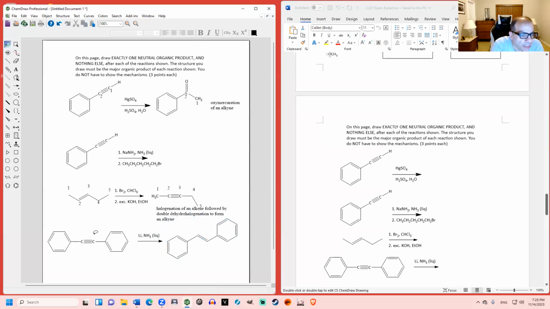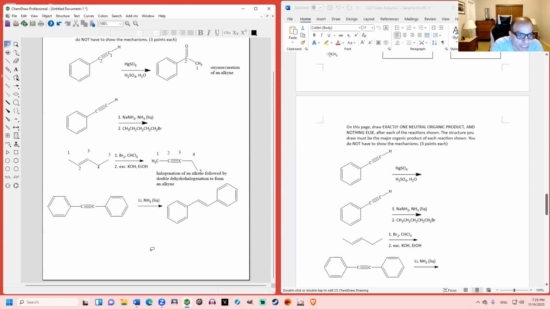So these two alkyne carbons become a trans alkene. If we wanted to make the cis-alkene, you'd need to use hydrogen and Lindlar catalyst. That gives you the cis-alkene. But lithium metal and liquid ammonia gives you the trans alkene. And we covered that reaction in class, I believe, on Monday, yesterday.